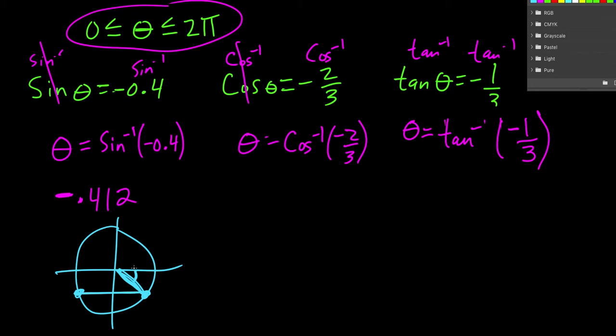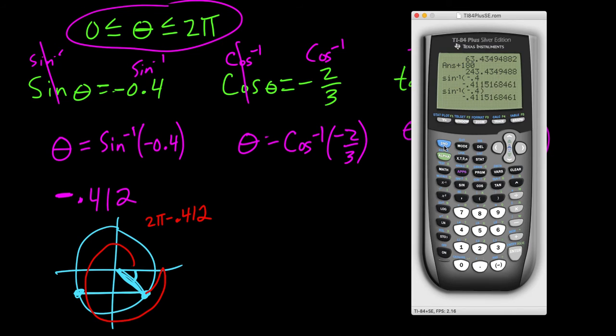What we really want is the rotation from here to here, and then backtrack to here. So we're going to do 2 pi minus 0.412. That's how we get our first answer.